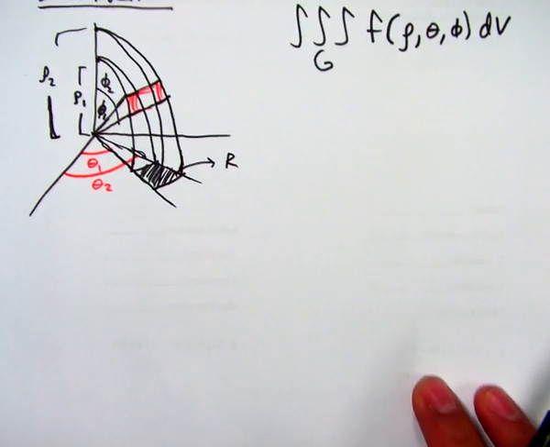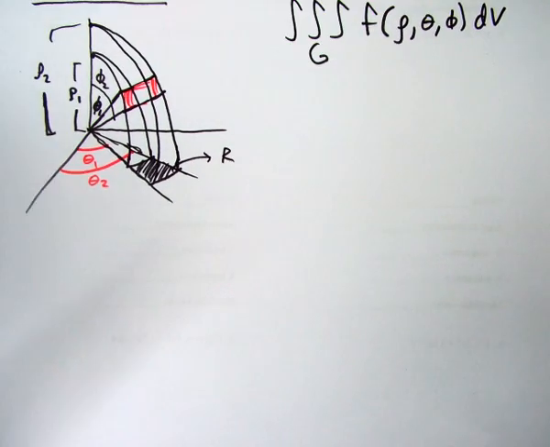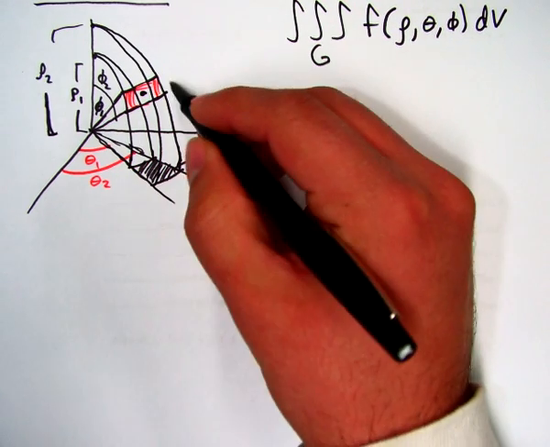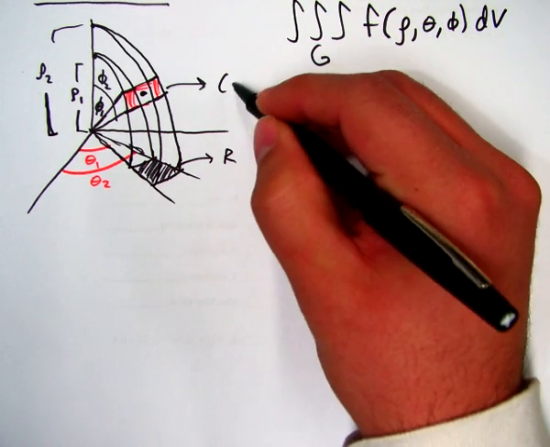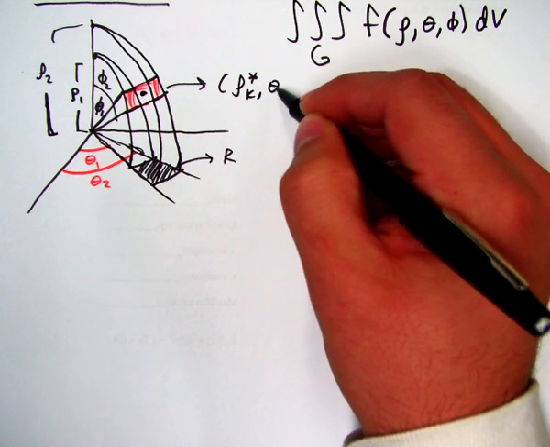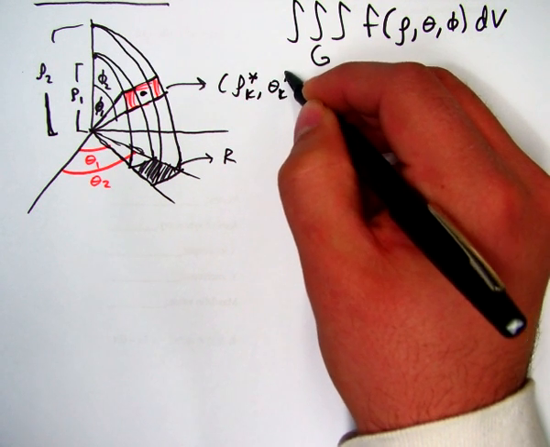Inside of this wedge, we have coordinates rho sub k star, theta sub k star, and phi sub k star.